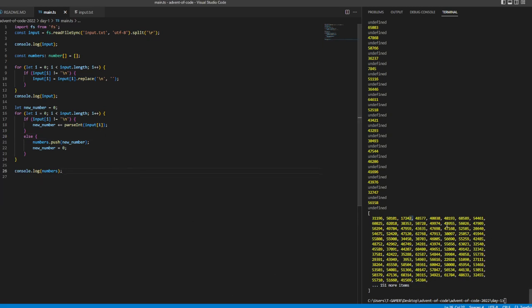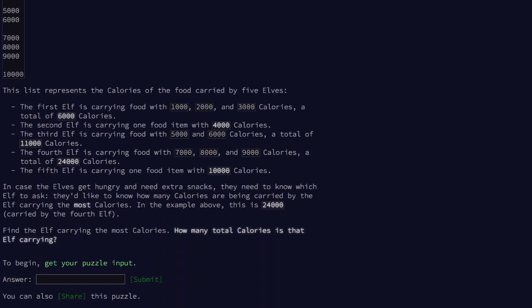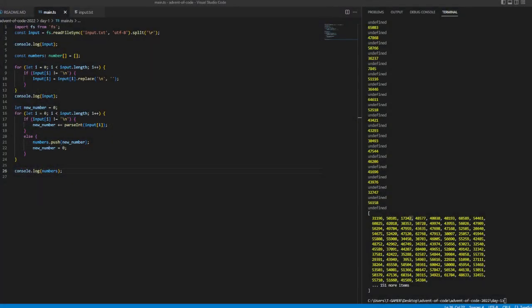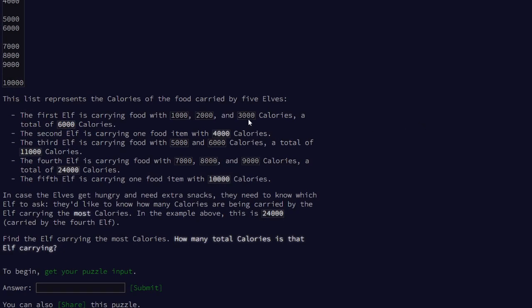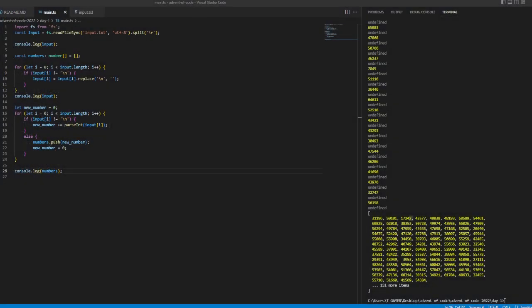So what is actually the problem? Right here. Find the elf carrying the most calories. How many total calories does the elf carry? Oh, so we have to find the biggest number on this list.